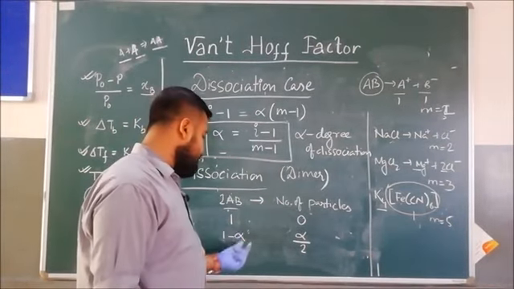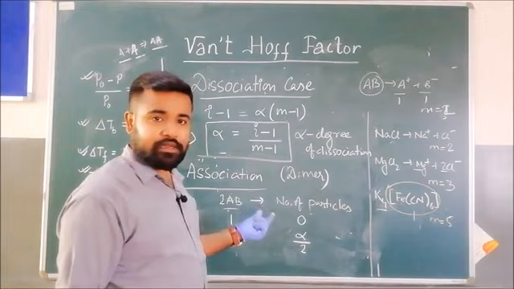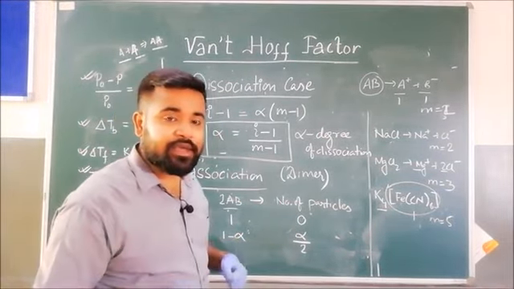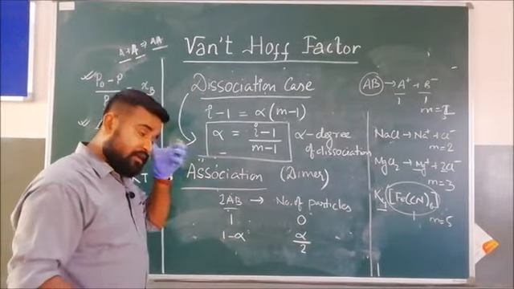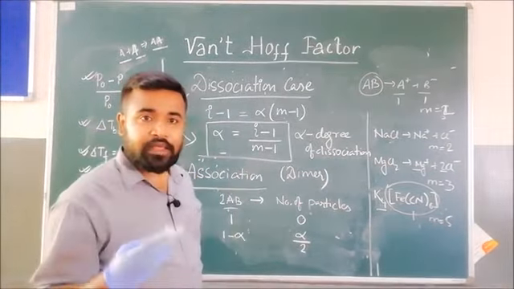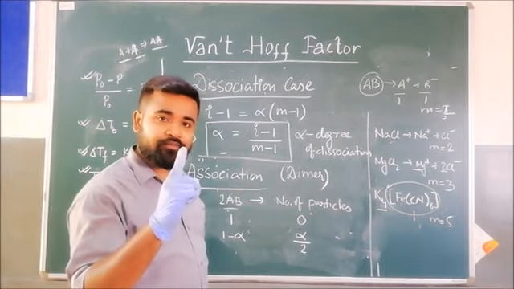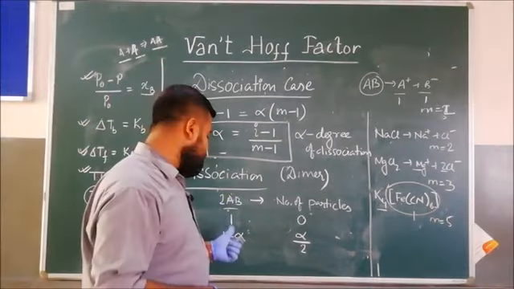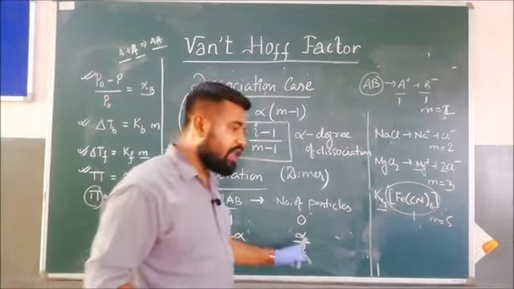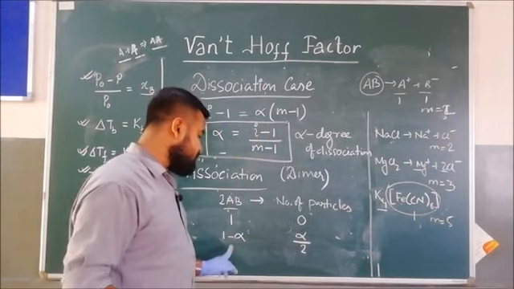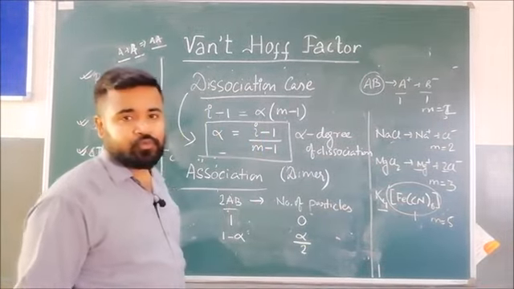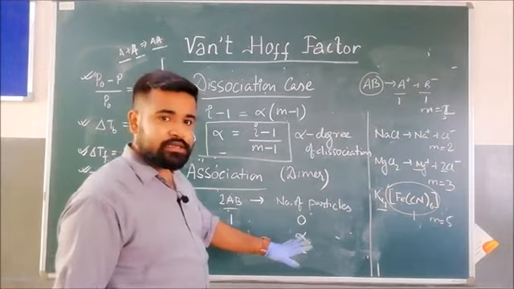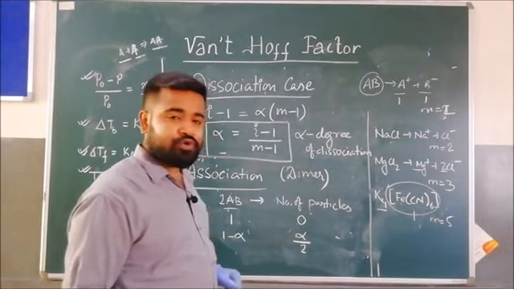If alpha amount is associating, it will form alpha by 2 amount. Clear? Whenever two particles associate, they give one particle. Similarly, if alpha particle is associating, it will give alpha by 2.